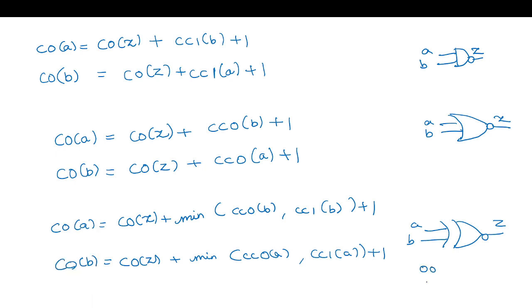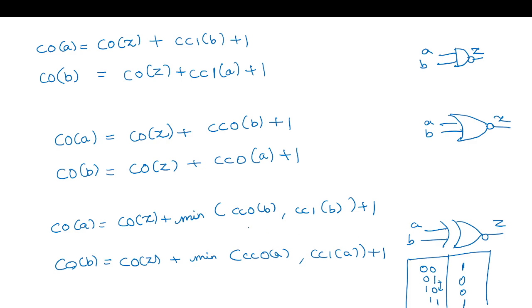If we take inputs 0 0, 0 1, 1 0, 1 1, the output will be 1, 0, 0, 1. So you can say both 1 and 0 are non-controlling values. Either the output will be inverted or the same version, but both can propagate.